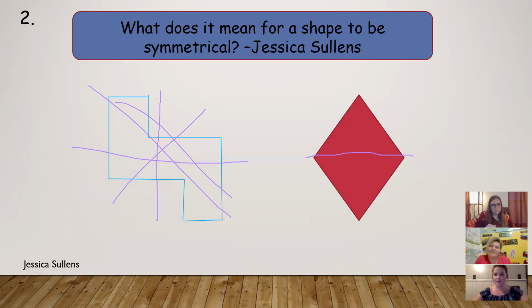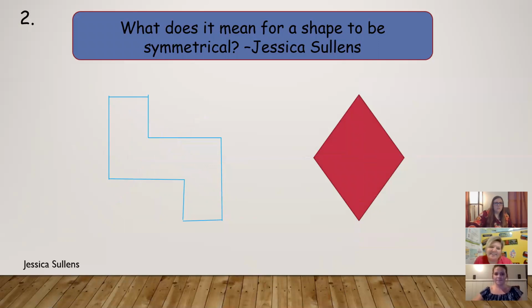We could fold our paper again, corner to corner, and we would have another line of symmetry. So it has to have at least one, but it can have as many as it could hold for that shape. So it's the mirrored line on each side, and that's how we would make a shape symmetrical. Okay, thanks for explaining that. Thank you for that.